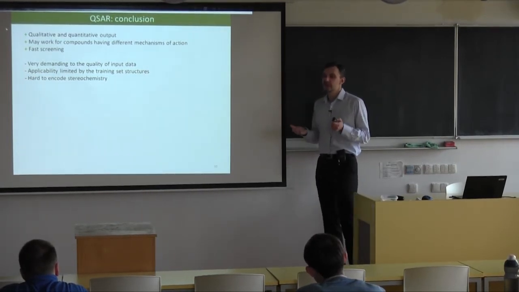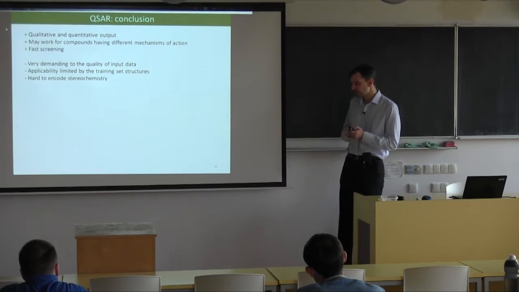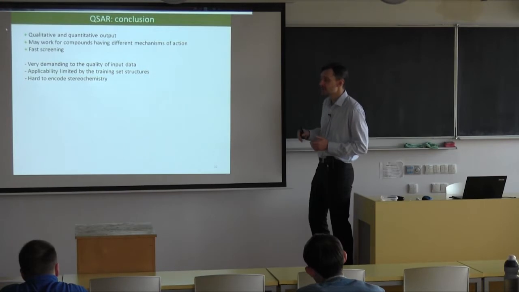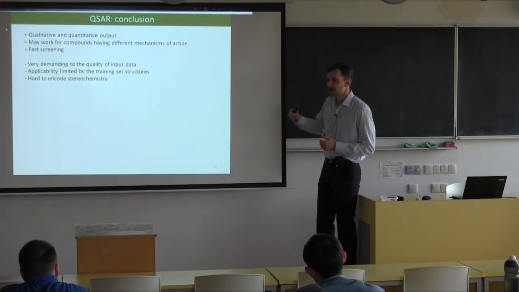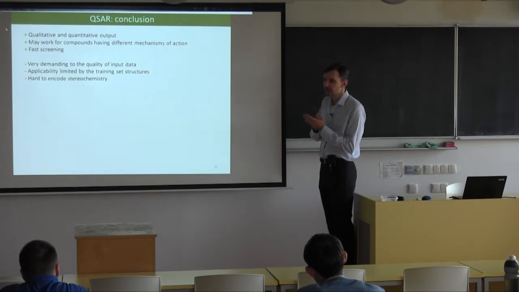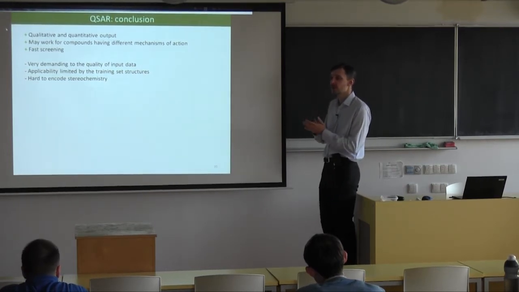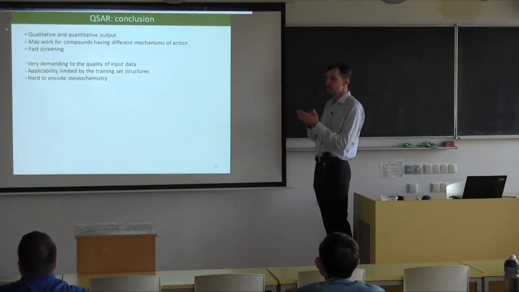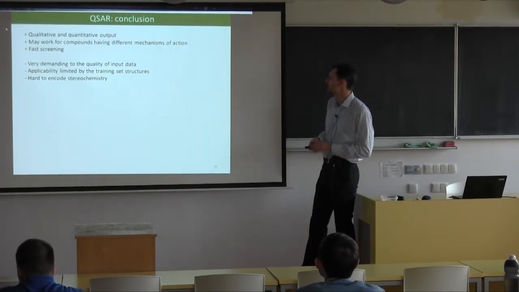But of course, with some uncertainty. It shouldn't exactly correspond to the observed property, because even experimental values have some errors, and your developed QSAR models cannot be more correct than the experimental data used to train them.